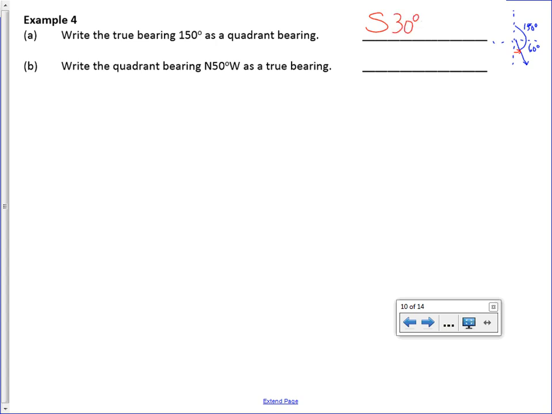South 30 degrees east is the same thing as east 60 degrees south, but it's cleaner, it's more accepted, it's more conventional. You start with north south and let east west be the second number, the second direction. And I'm probably not 100% correct because I'm sure the textbook's going to do east south sometimes, so don't freak out. Either is correct, but I think it's just nicer to start with the north south line.